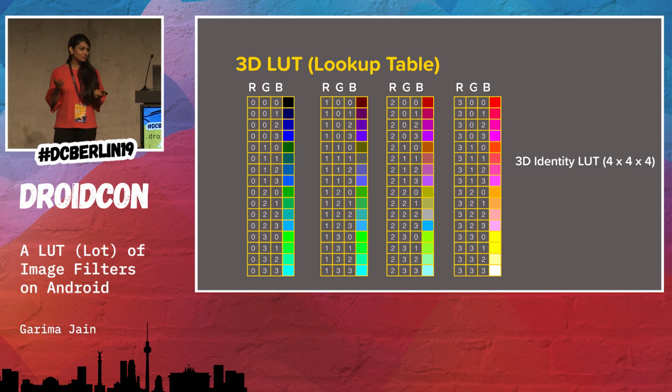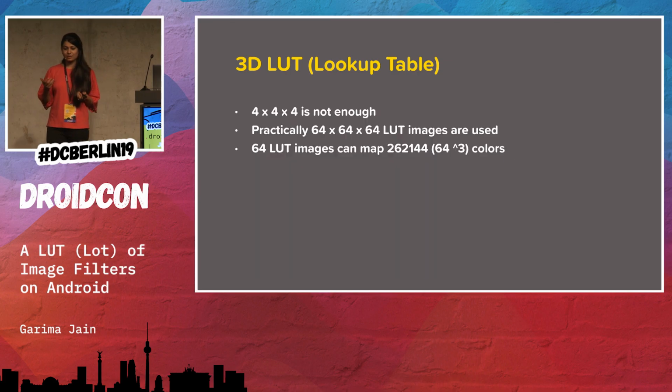The good thing about this is we can specify lookup values for all combinations of R, G, and B. So this is the lookup table that we need. But even in real world, in practical life, 4 cross 4 cross 4 is not enough.